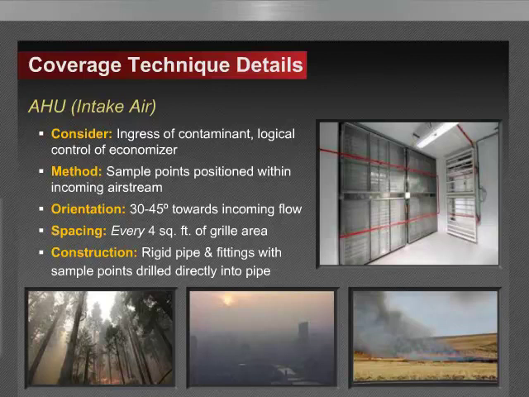Pollution from populated metropolitan areas also poses a contamination risk. So by placing sample holes 30 to 45 degrees towards the incoming airflow, covering every 4 square foot of grill area, aspirating smoke detection systems can effectively monitor the incoming air for contaminants and provide logical control of dampers through the building automation system, for instance.